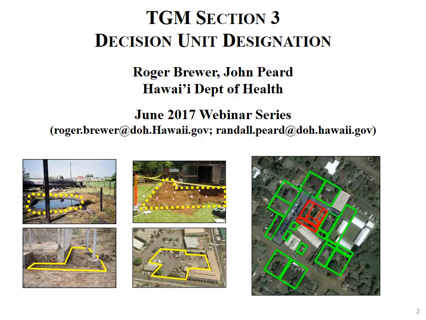This is the second of a four-part webinar series on the use of decision unit and multi-increment sampling methods to investigate contaminated soil and sediment. In the first presentation, John discussed the use of systematic planning to develop very well thought out work plans for characterizing a site.